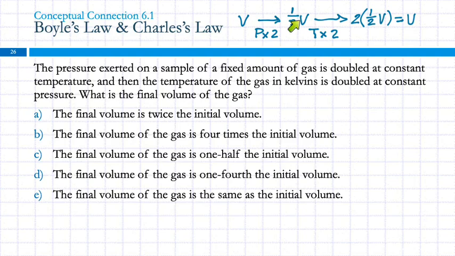Doubling the pressure made the volume decrease by half. Doubling the temperature made it increase by half again, back to the original. So what's the correct answer? E. The final volume of the gas is the same as the initial volume. Any questions?